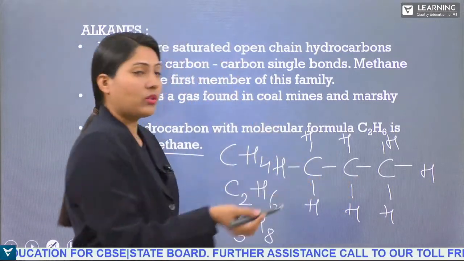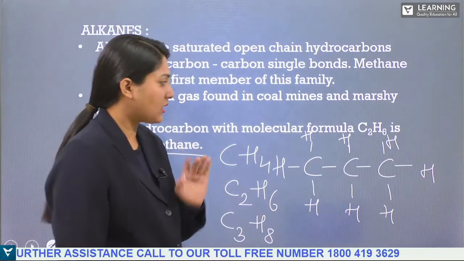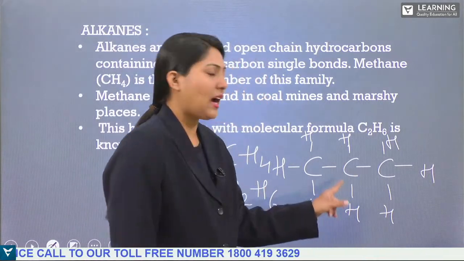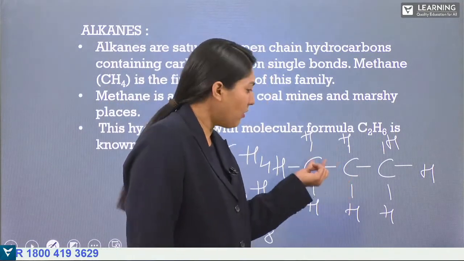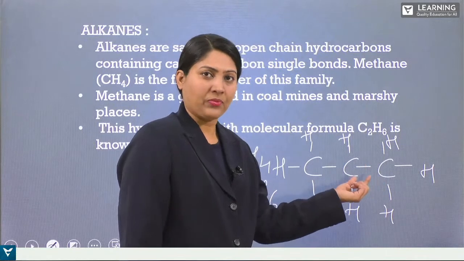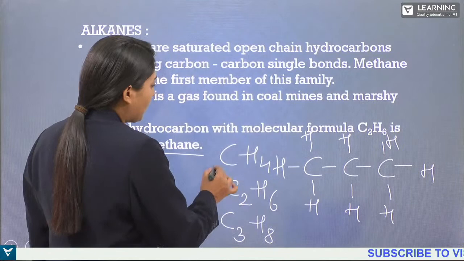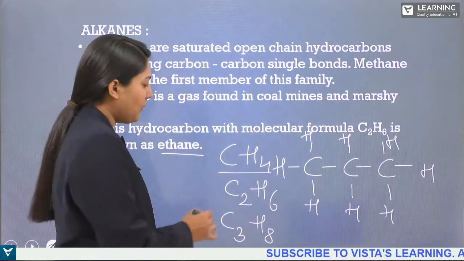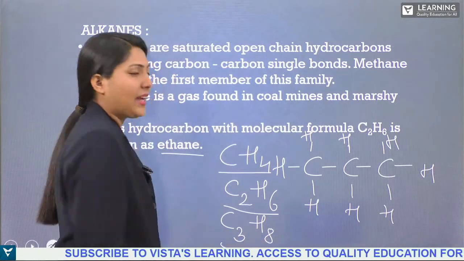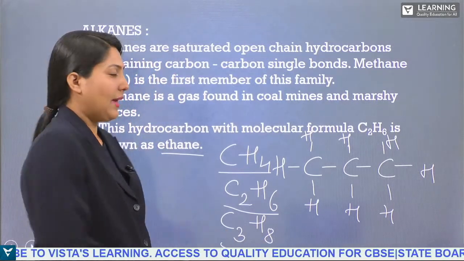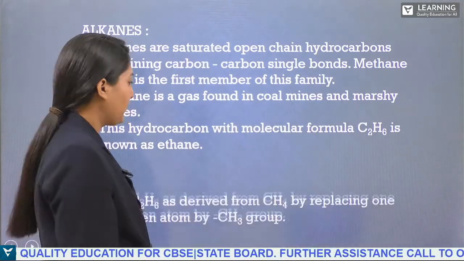Here the outer or terminal carbons will have 3 hydrogens, whereas the middle carbon will have 2 hydrogens linked to it. Why? Because the middle carbon will have two carbon bonds, right? So totally 4 bonds for each. So now you can see CH4 is methane, C2H6 is ethane, whereas C3H8 is propane. Likewise, you can derive n number of hydrocarbons.